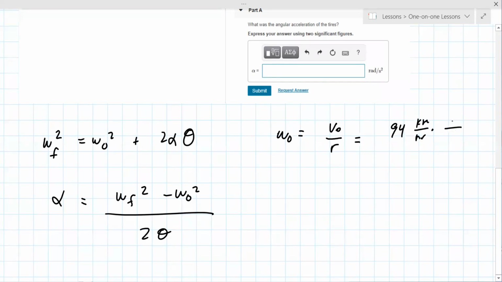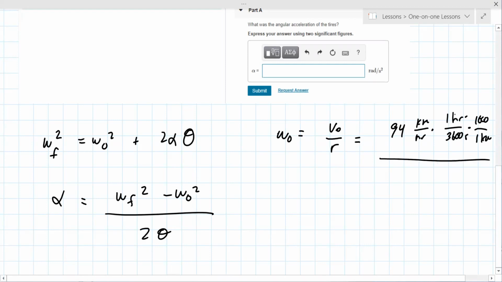In 1 hour there are 3,600 seconds, and in 1 kilometer there are 1,000 meters. Then you divide by the radius, which is 0.84 divided by 2.